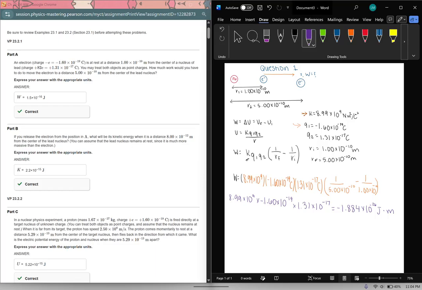Okay, let me plug it in: 1 over 1.00 times 10 to the negative 10, close parentheses. So let's do it separately.